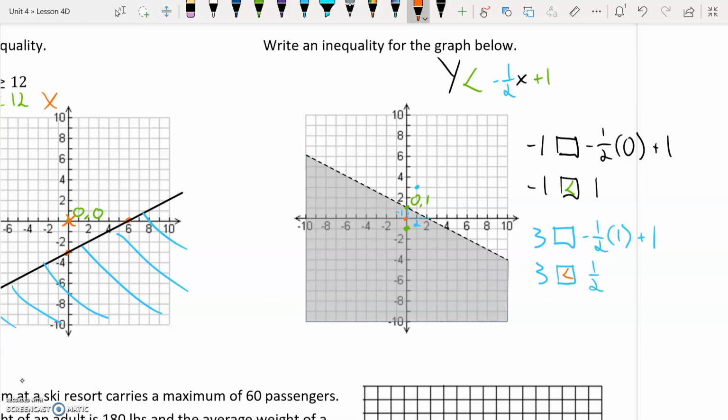Again, it leads me to that should be a less than symbol, because that point, when I put the x, y value in, makes the inequality false. And this point, the other one that I chose previously, that one makes the inequality true. So notice, in both cases, a less than symbol makes that inequality true.